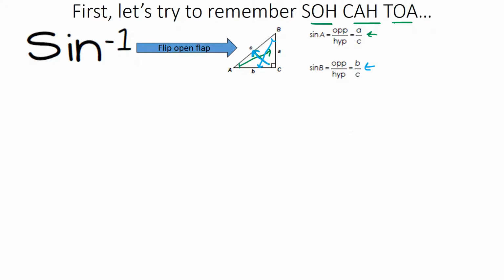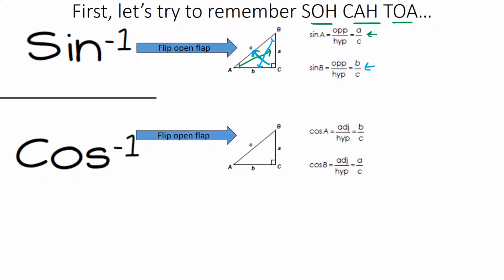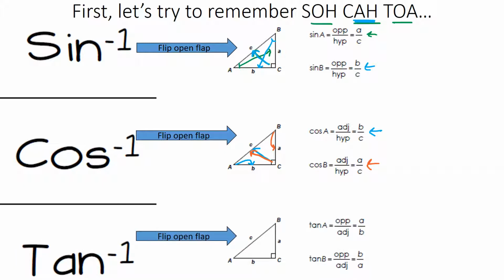We'll talk about that more, but let's remember cosine. The CAH in SOHCAHTOA means adjacent over hypotenuse. For cosine of A, adjacent, which means touching, would be side length B over hypotenuse C. So B over C would be the cosine of A. For cosine of B, adjacent would be A, and hypotenuse would be C, so that one would be A over C. And lastly, tangent.